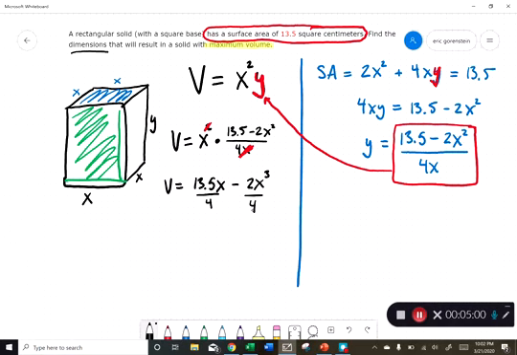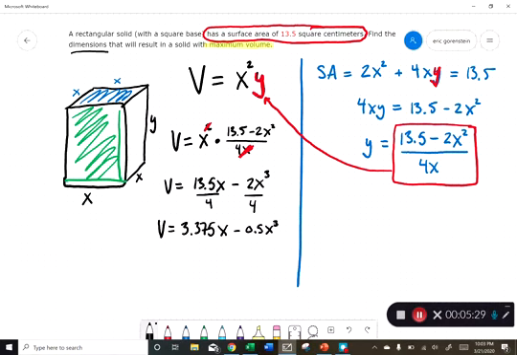And if you want to pop those into the calculator to convert to decimal, that's perfectly fine. If you do 13.5 divided by 4, that should be 3.375x. And 2 divided by 4, that is 0.5x to the third.